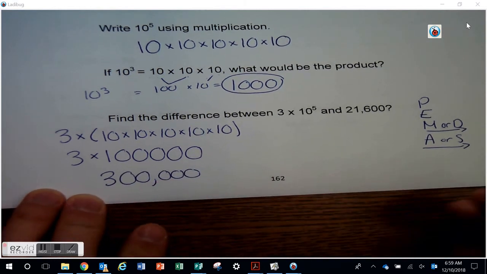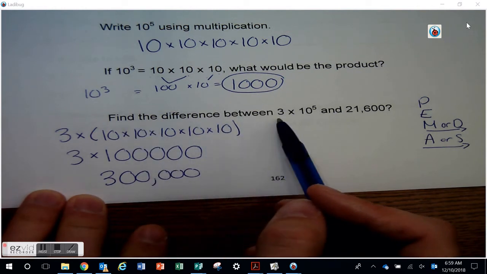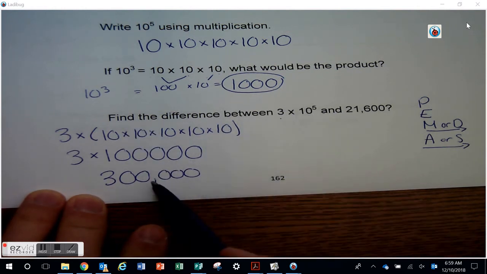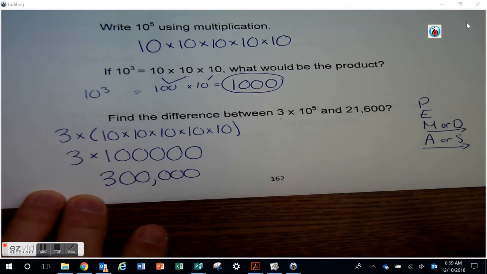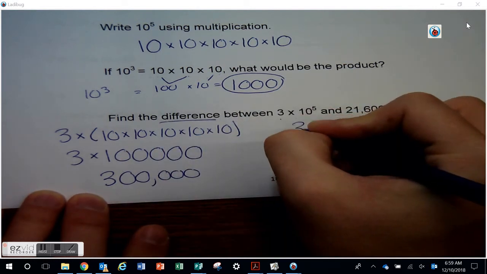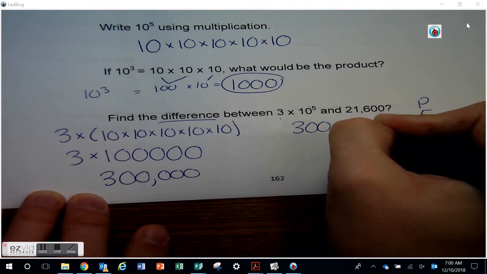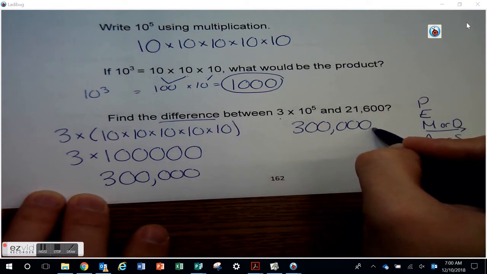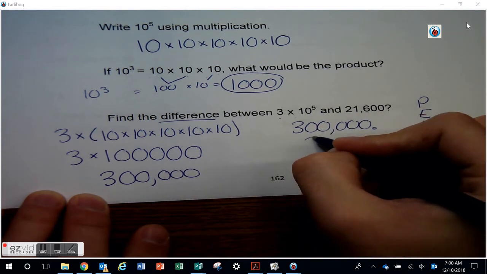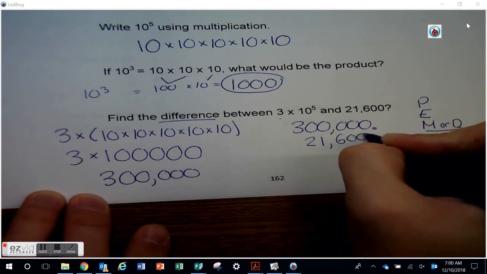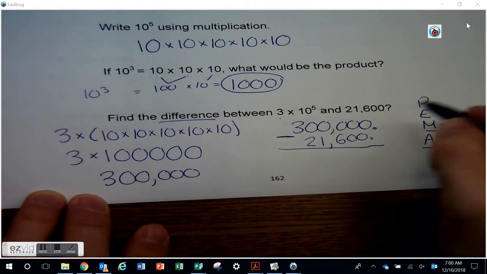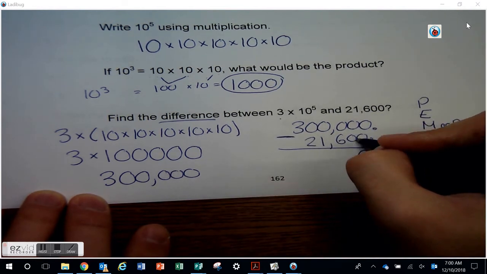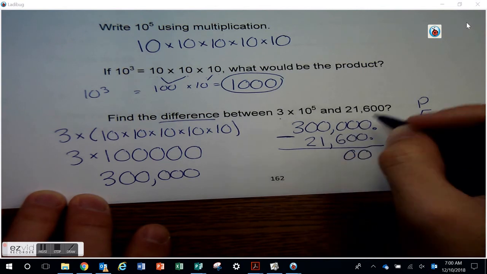The problem says find the difference between 3 times 10 to the 5th, which is here, and 21,600. Well, the difference means that we're going to subtract. So let's go ahead and line up our decimal point. If this had a decimal point, it would be here. So then we have 21,600 here. We're doing the difference, so we're subtracting. 0 minus 0 I can do. 0 minus 0 I can do. 0 minus 6 I cannot do, so I'm going to regroup.